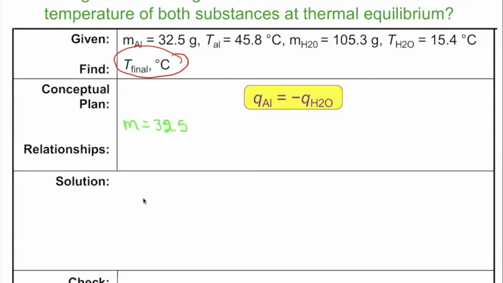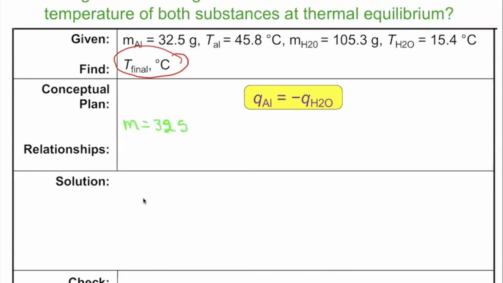So it looks like that metal is losing heat. Sorry, ignore this, this is wrong. Because the metal is hotter, it seems like the metal is going to lose heat. And actually, it doesn't really matter which method you use, you still come out with the same answer. So in this case, you're going to set these two equations equal to each other.